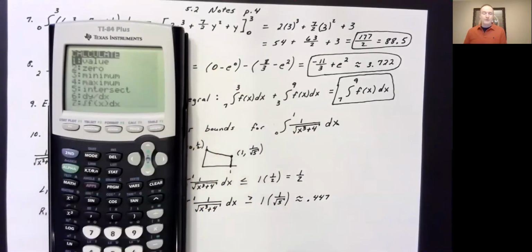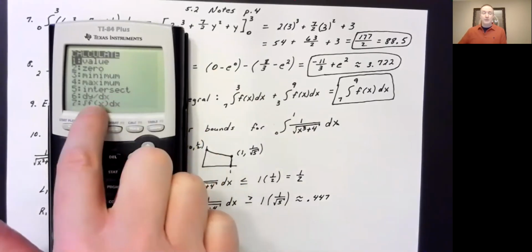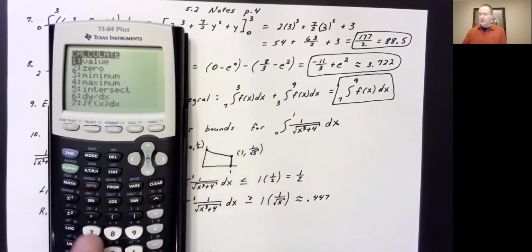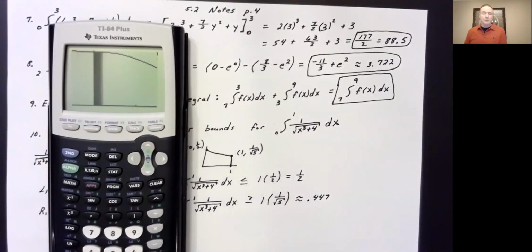I'll go ahead and go second calculate. I want to calculate an integral. It's second calc 7. This integral is going to start with a lower limit at 0, and it's going to go all the way until x is 1. I'll hit enter. It'll shade in the curve I'm looking for, and it will tell me what the answer is.